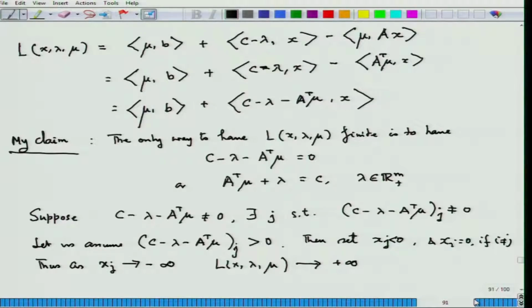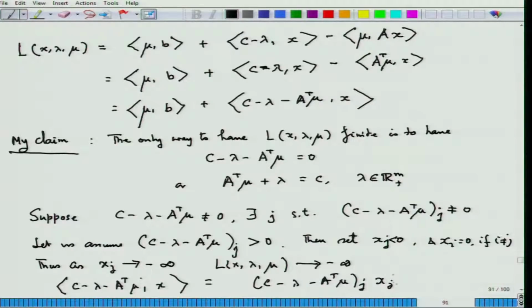I was making a mistake earlier. Because if you take the inner product, with all the xi's being 0 other than xj, the value is just (c minus lambda minus A transpose mu)j times xj.